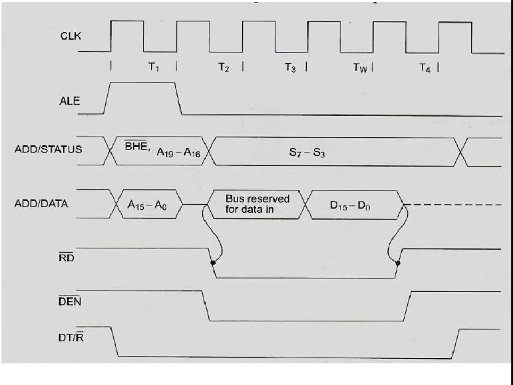It is an active low pin, so it will be low from the mid of T2 to the mid of T4. The DEN signal is also low from the mid of T2 to the mid of T4. Then we know that during the read cycle, that is receiving the data, DT/R bar goes low. That's all about the read cycle.